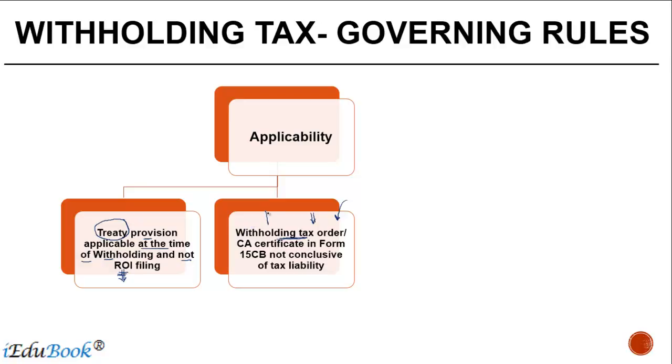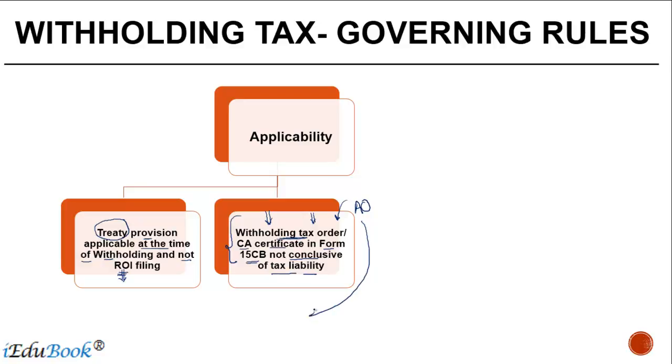If the withholding tax order is given to a non-resident, or instead of obtaining a withholding tax order from the assessing officer, he obtains a CA certificate in Form 15CB, right? Either of these two is not conclusive of the tax liability.